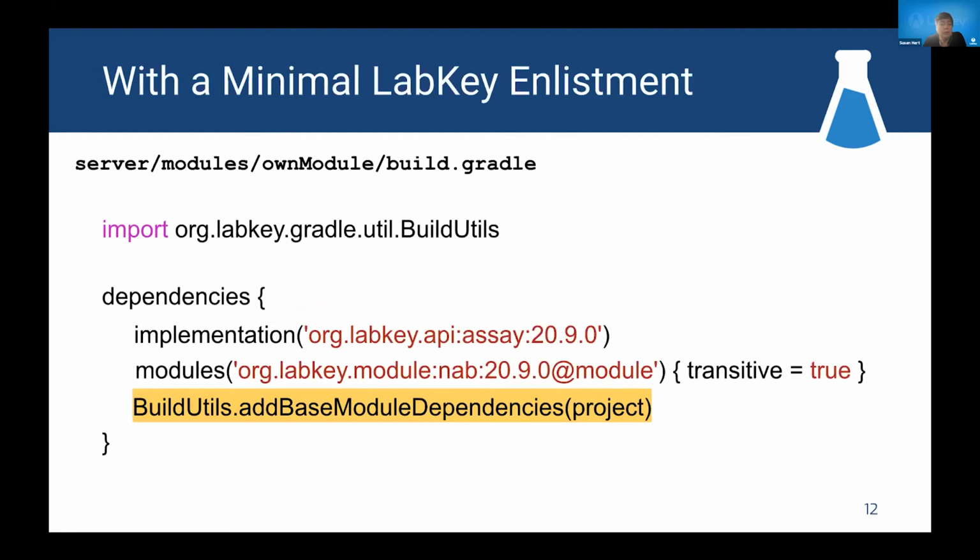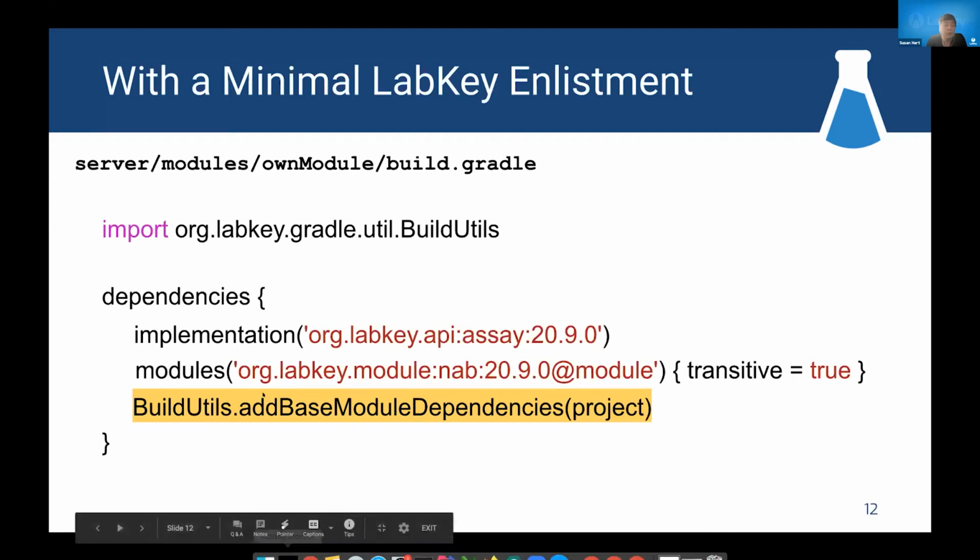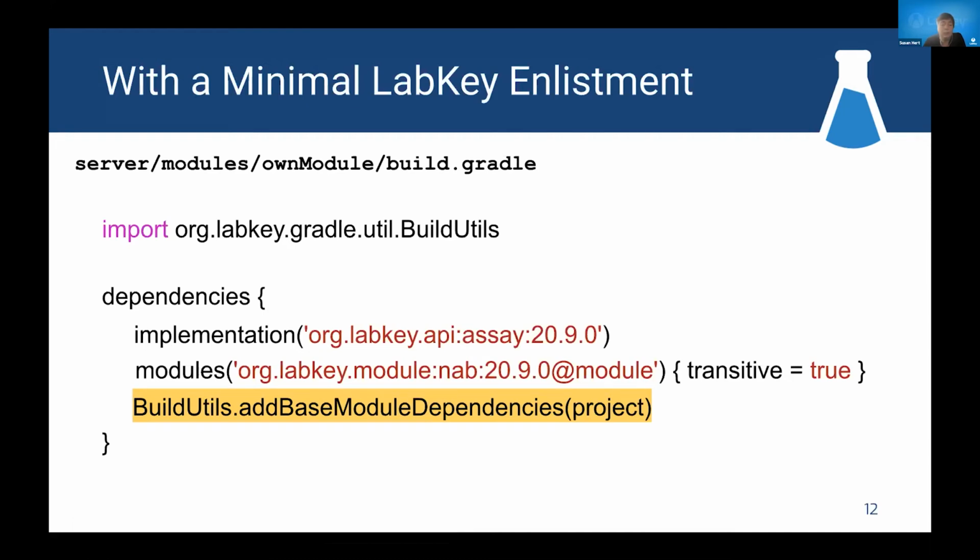So here's the key part to making this work: you have to set up the dependencies so that when you do the deploy app, it knows which modules should be included in that deployment. Now, here I said my example is going to use the API assay, and so I declare a dependency.